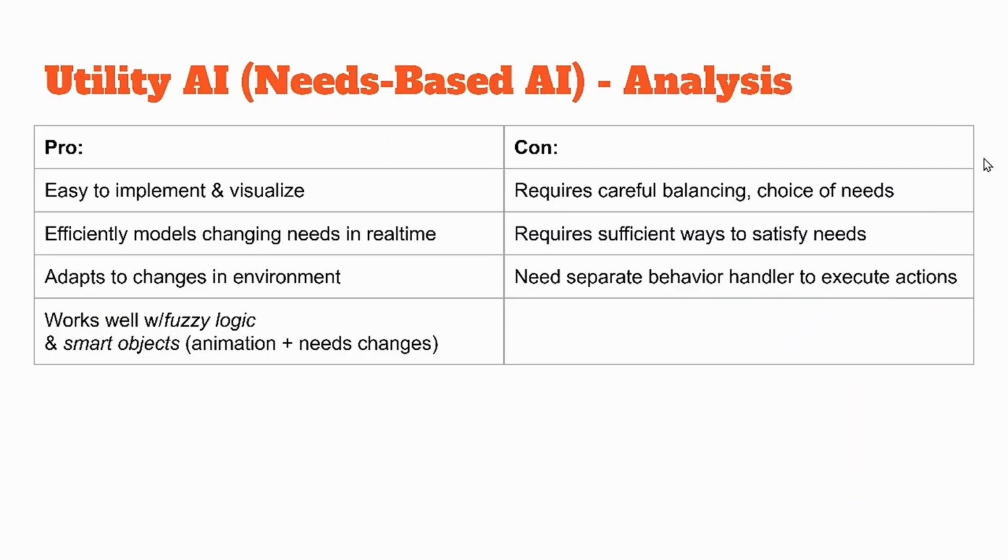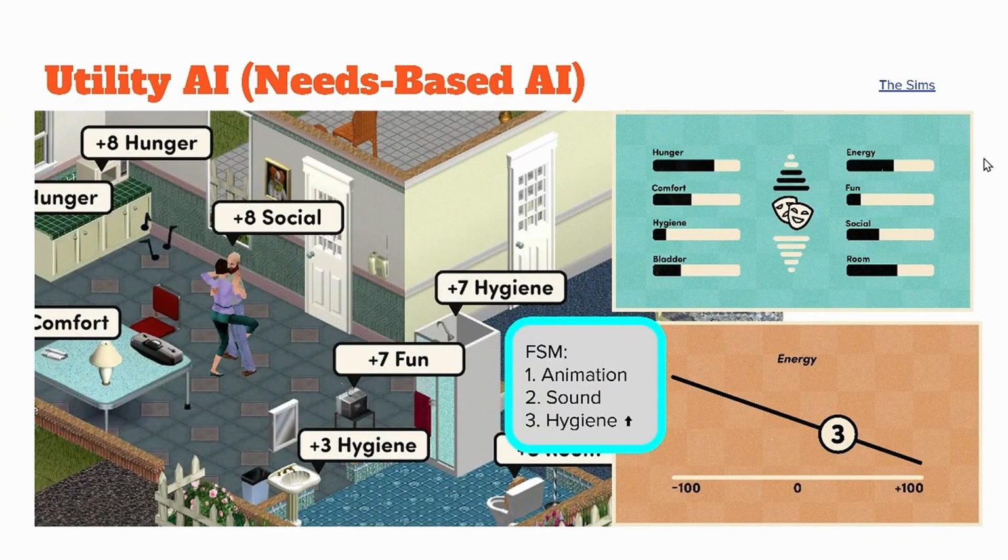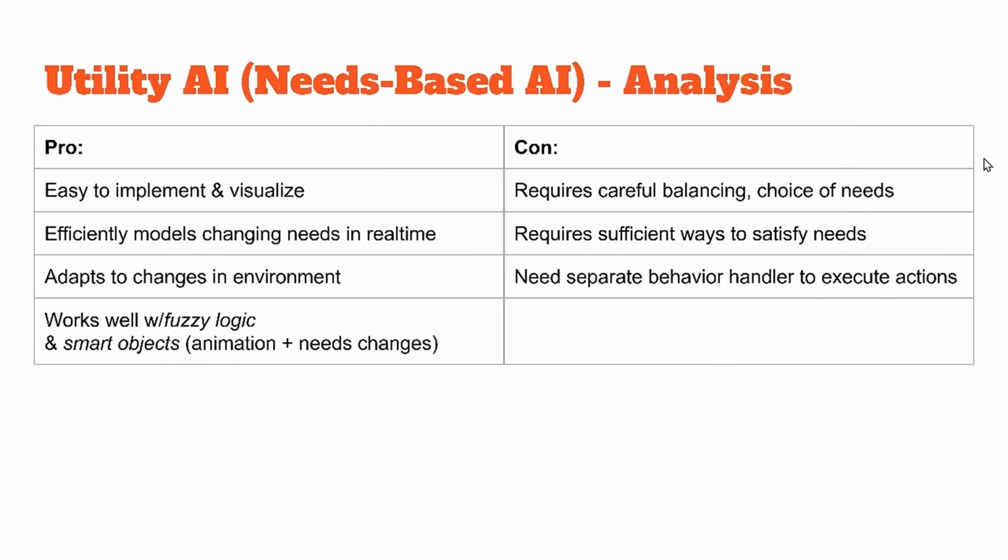So the pros of utility AI: it's easy to implement and visualize. If you look back here, you can look at all of these needs and see what the AI needs to do next, and it efficiently models these changing needs in real time. As these needs go up and down, it's able to adapt to that.